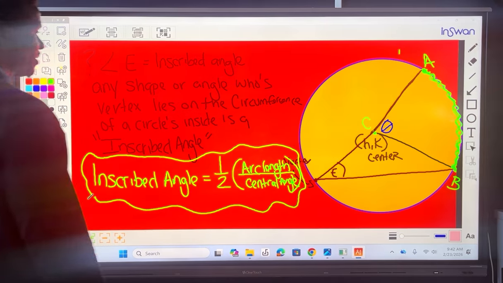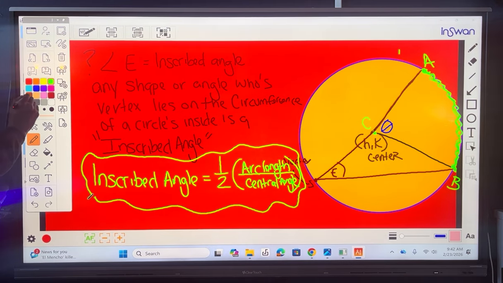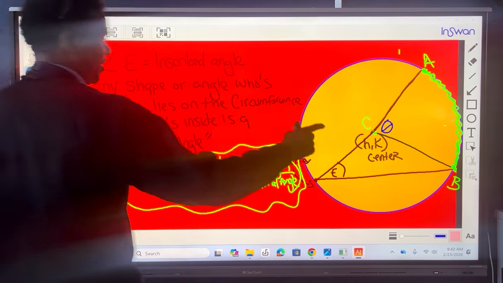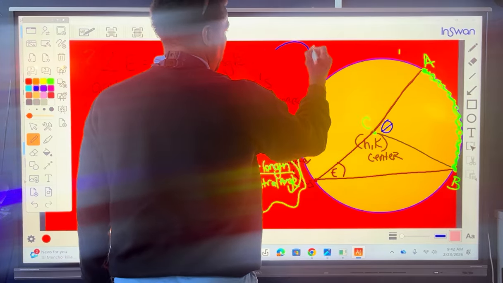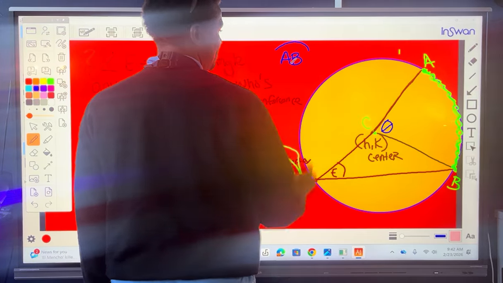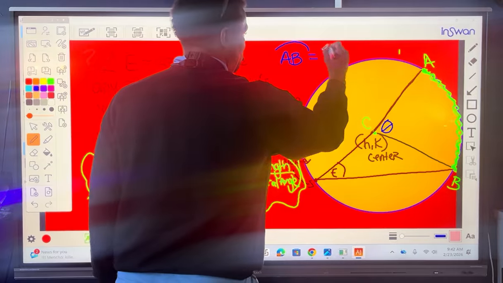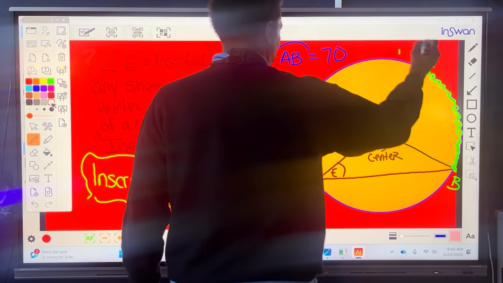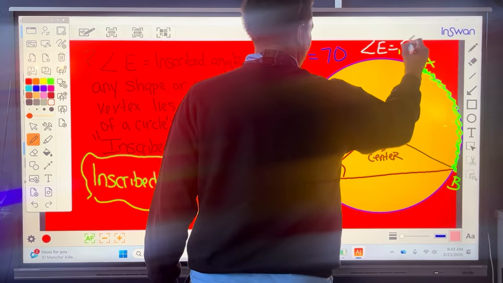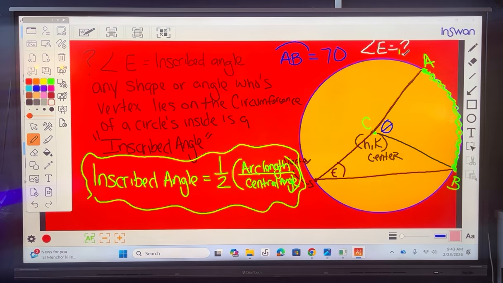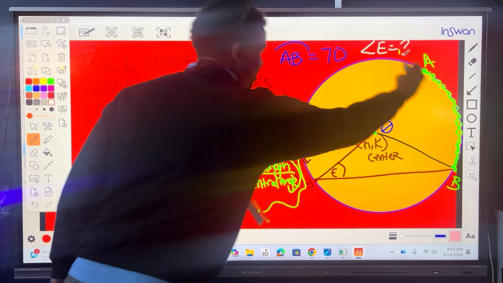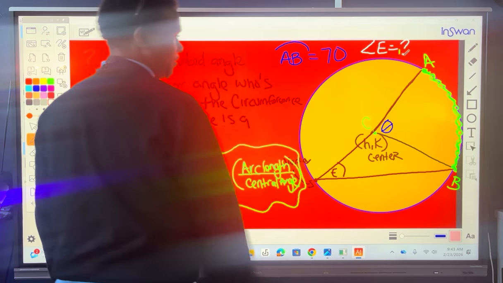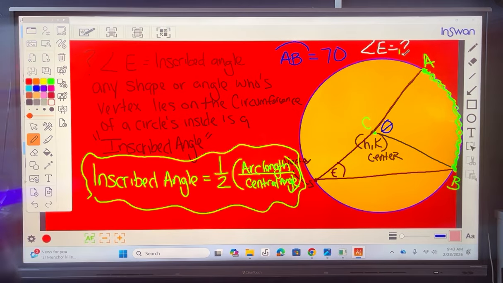Ready for an example? This is a very smart group. Y'all are going to get this really quick. Let's say in this example, arc AB equals 70. If arc AB is 70, what's the value of angle E?